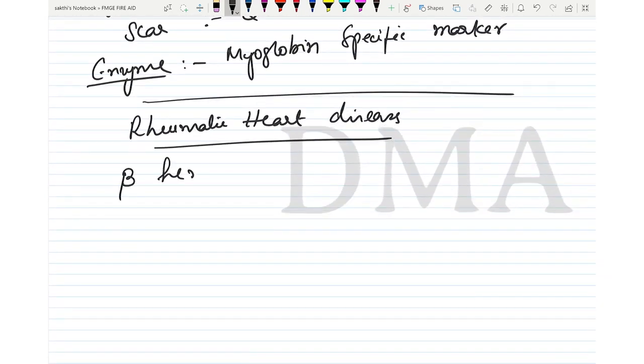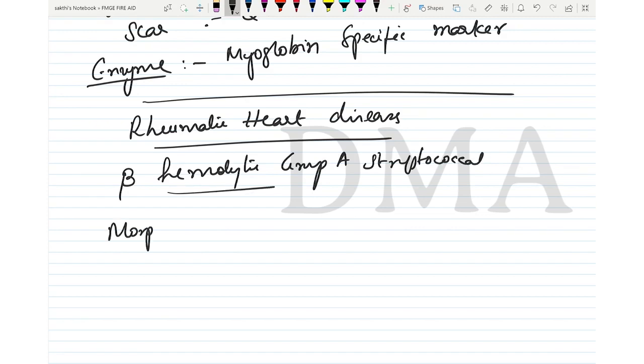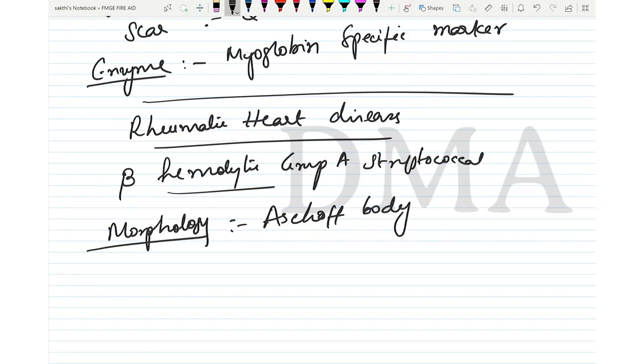We have the development of Aschoff body, which is due to fibrinoid necrosis of collagen bundles present in the myocardium. You have MacCallum patch that is present in the left atrial wall.